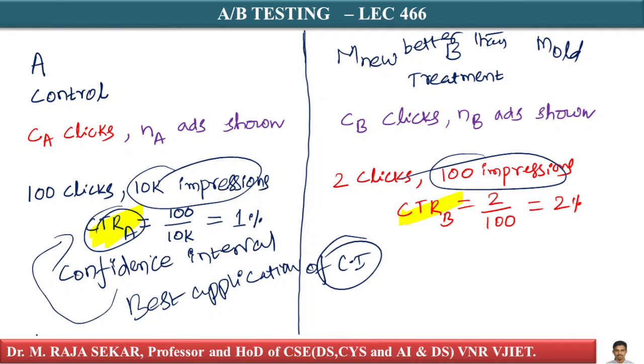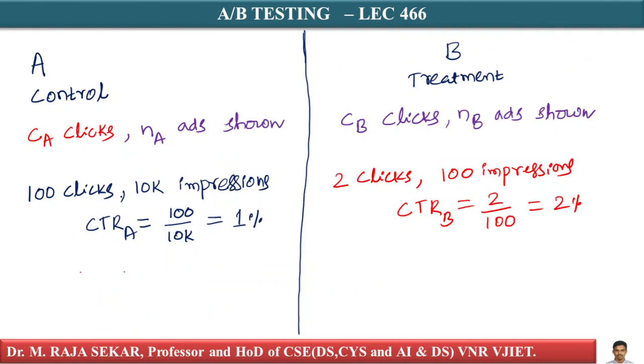So given 100 clicks and 10,000 ads shown, instead of just saying 100 by 10k, what if I compute a 95% confidence interval?